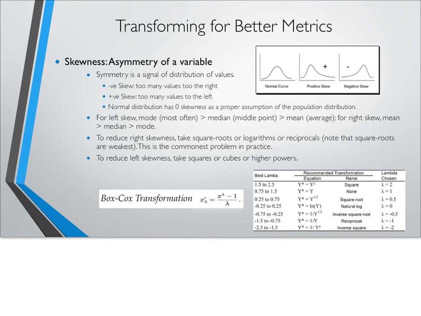Finally, talking about transforming for better metrics. Oftentimes when you start looking at the probability of things happening and how your data plot shows the nature and structure of your data over time or over a particular change in a particular variable, you might find that it looks like a normal curve, where the center is heavy and equally distributed on both sides.